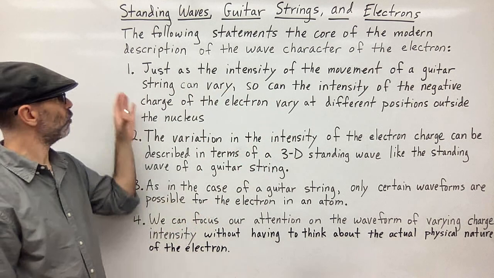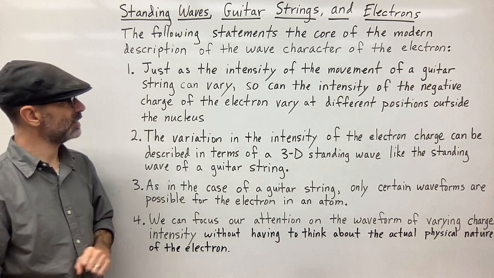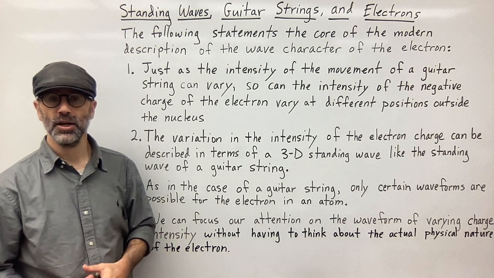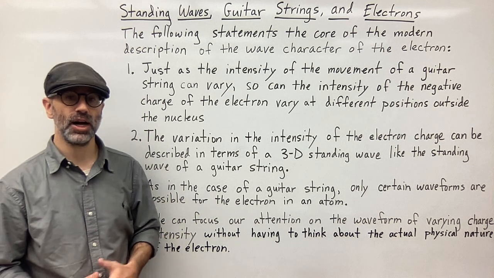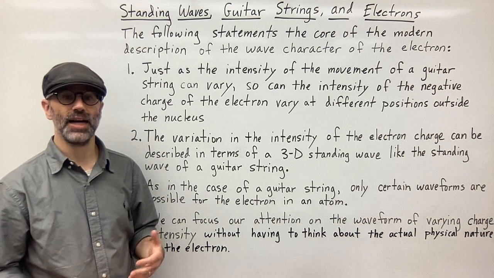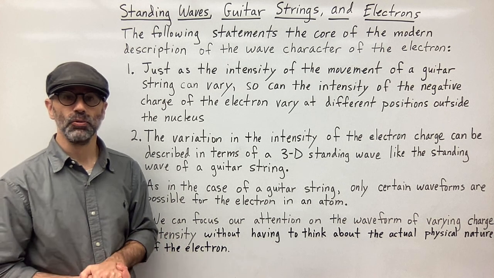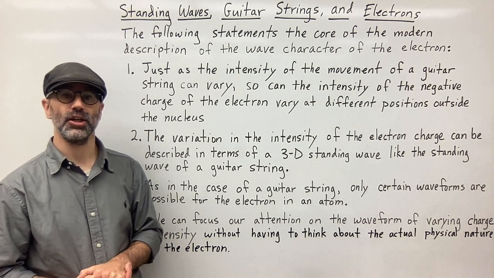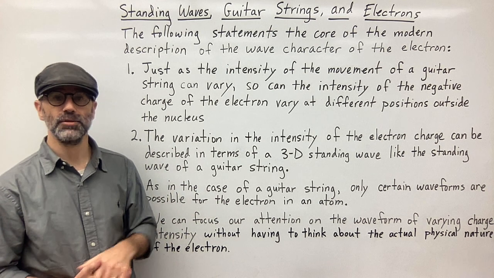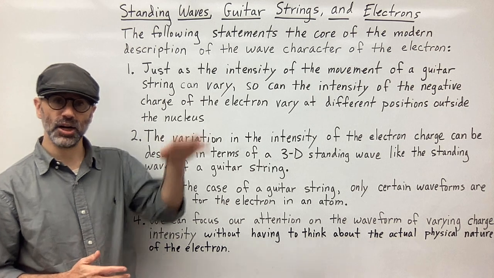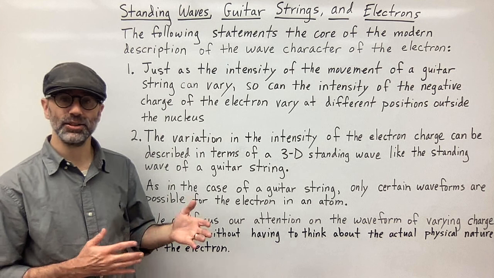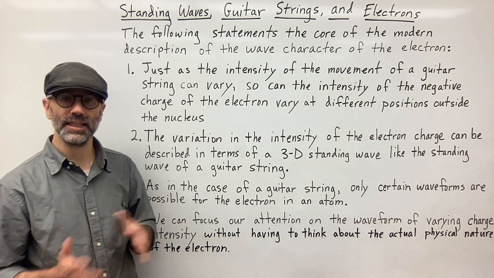The following statements are the core of the modern description of the wave character of the electron in the atom. Number one, just as the intensity of the movement of a guitar string can vary, so can the intensity of the negative charge of the electron vary at different positions outside the nucleus. We saw in the guitar string that the up and down motion can be more or less intense.